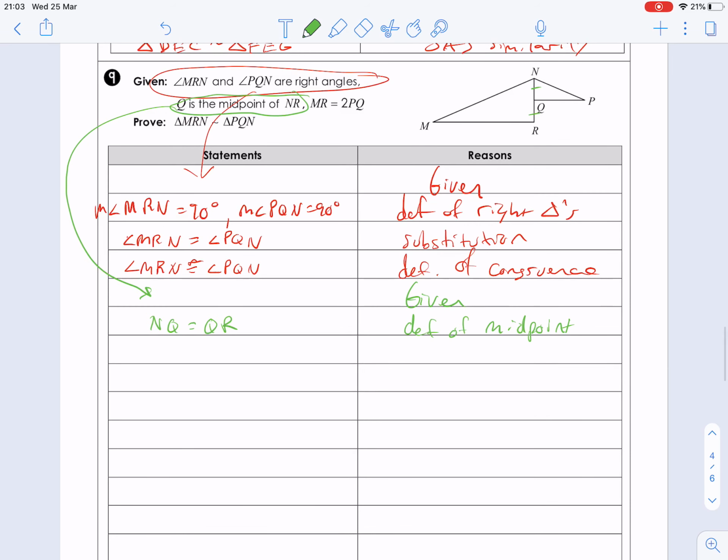This is a tricky one. I like it. I have to prove proportionality.